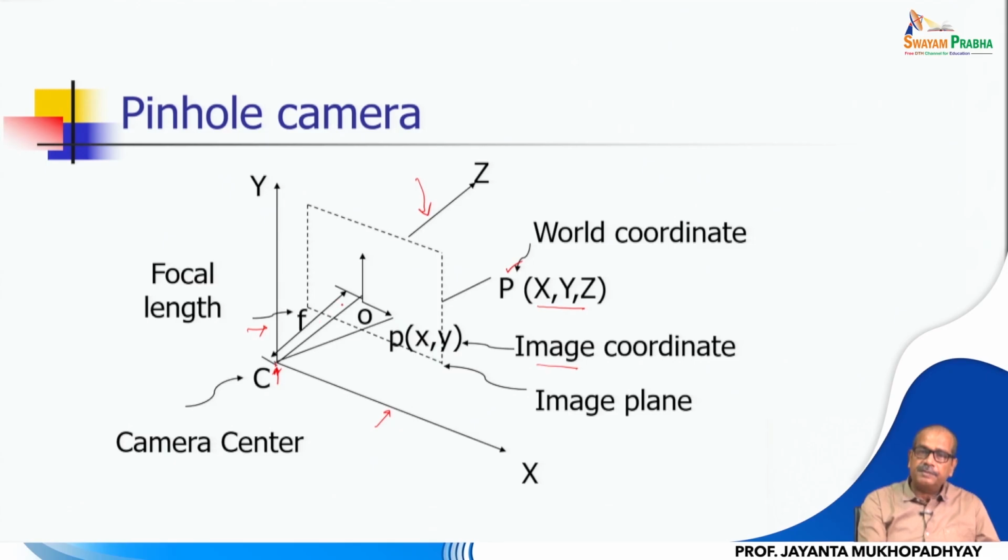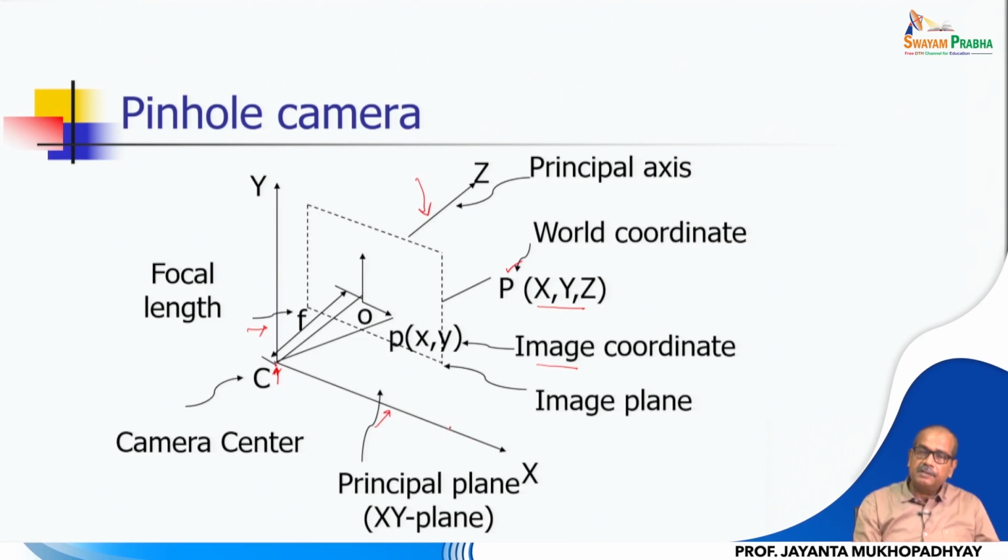the first thing is the image plane is placed at a length, focal length f, and the principal plane is the plane parallel to the image plane. That is, the principal plane is formed by the xy plane, and the principal axis is the optical axis.